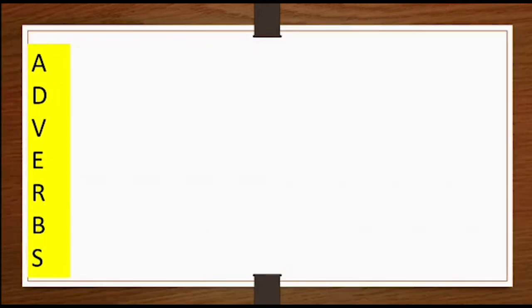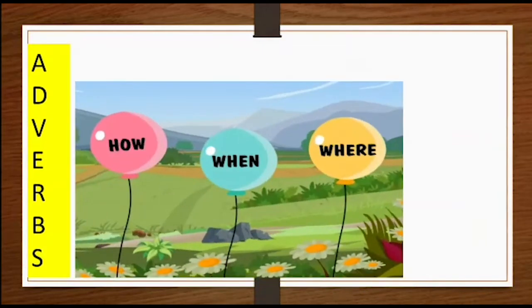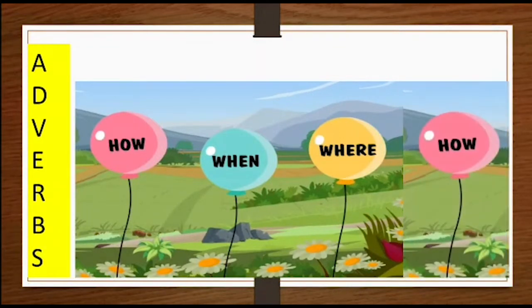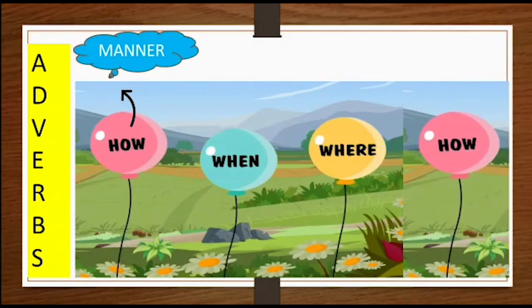Now we'll understand more about the types of adverbs. These adverbs answer the questions how, when, where, and again how. So, what is the difference between the first how and the second how? We will learn. The first how, the adverb which answers the question how, is called the adverb of manner.